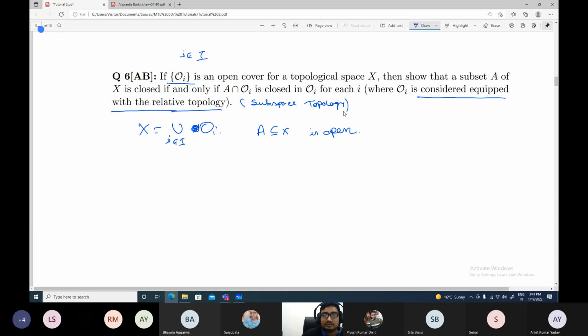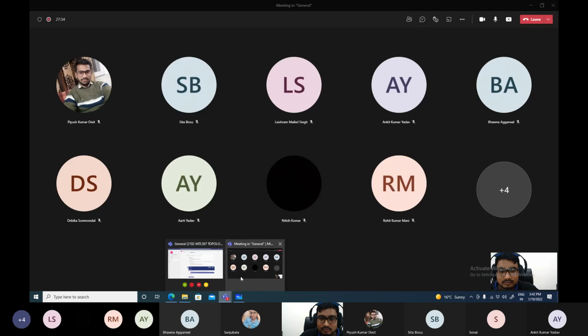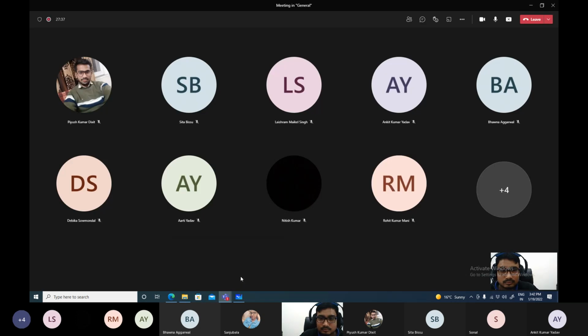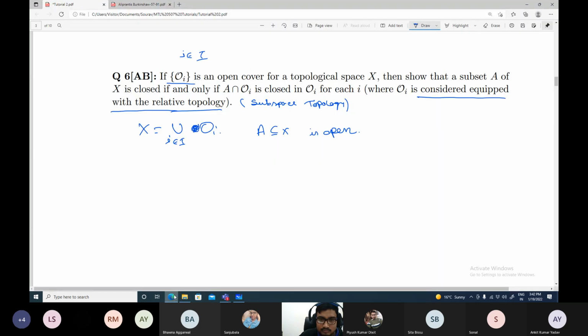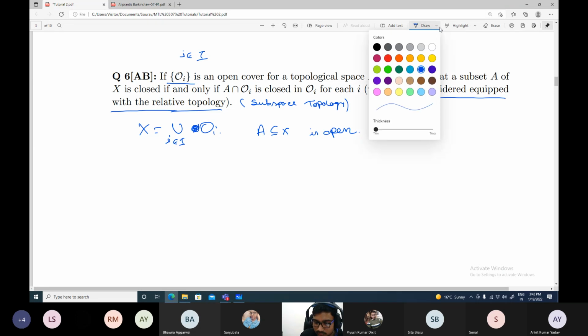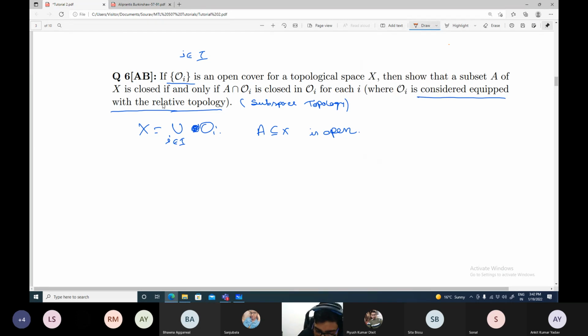I hope you know the definition, right? Do you know the definition of subspace topology? And the relative topology is the same. These two terms are the same.